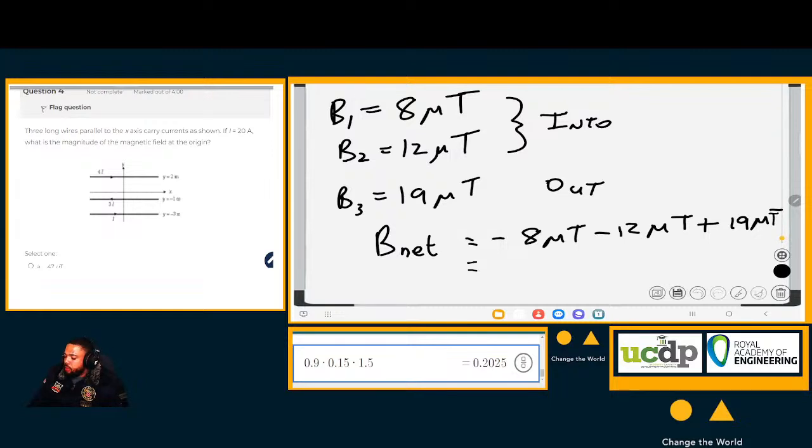So that is approximately negative 20 plus 19, so it's negative 1 microtesla.